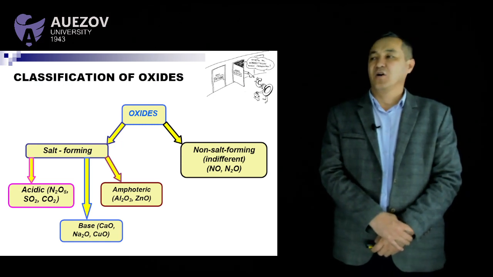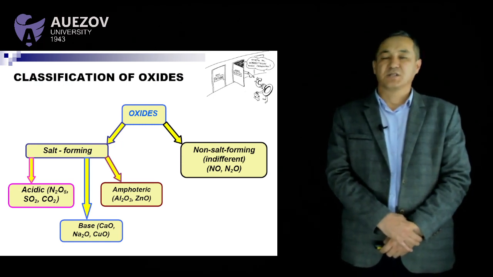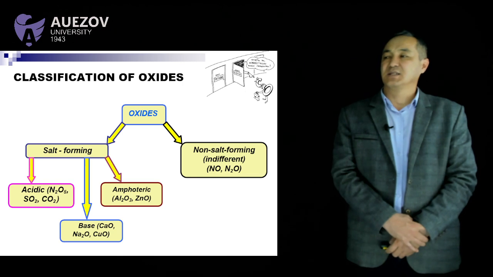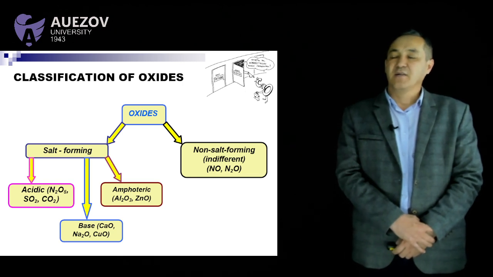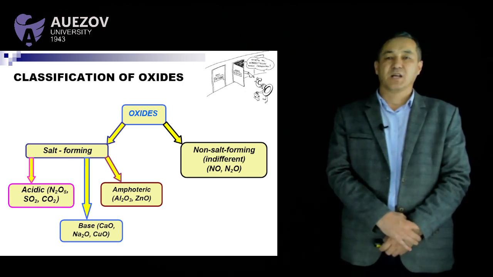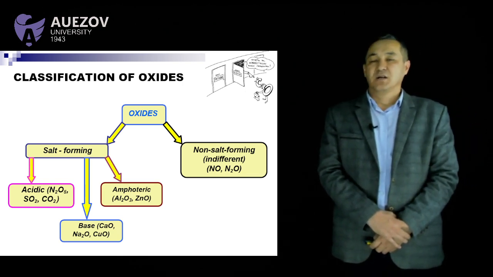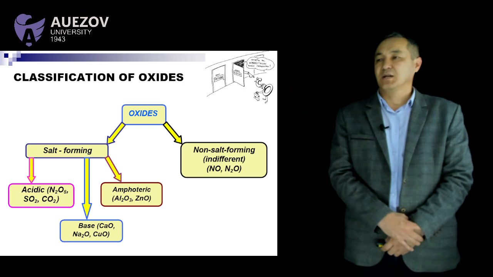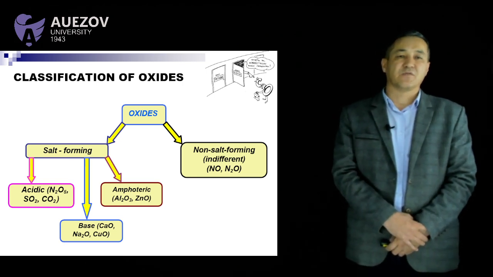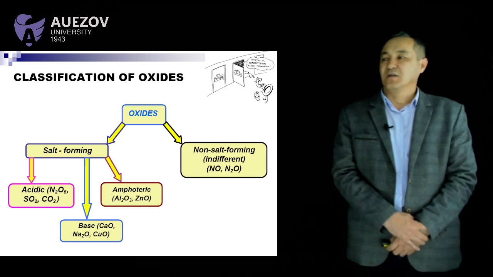Classification of oxides. This is the first type of complex chemical substance. Oxides can be divided into salt-forming and non-salt-forming oxides.